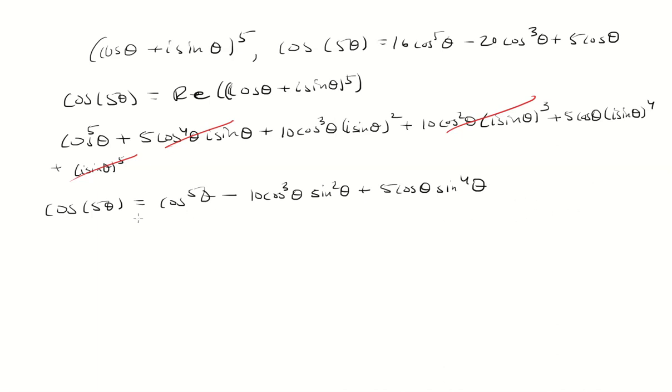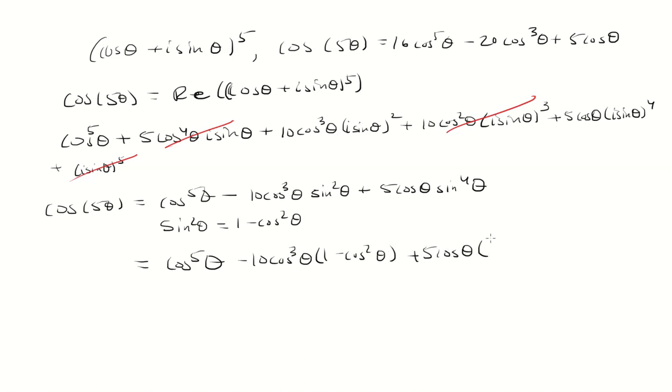And now we need to make a substitution and say that sine squared is 1 minus cosine squared. So we'll replace that to get everything in terms of cosine. And then for sine to the fourth, that's sine squared squared.